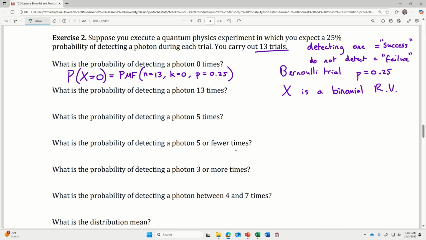If you don't remember, the binomial probability mass function says n choose k times p to the k power times 1 minus p to the power n minus k. And also, if you don't remember from Tuesday of this week, when we were counting things, we said n choose k is n factorial divided by k factorial times n minus k factorial.